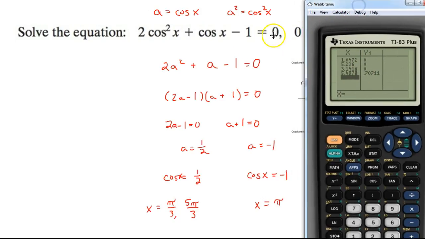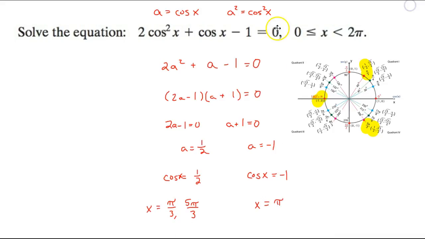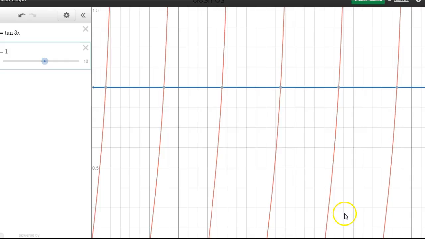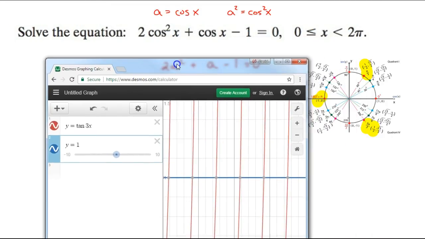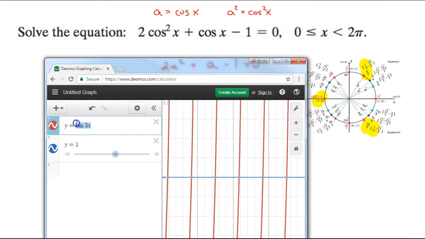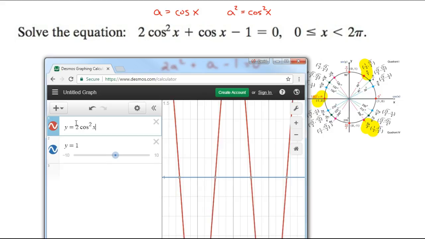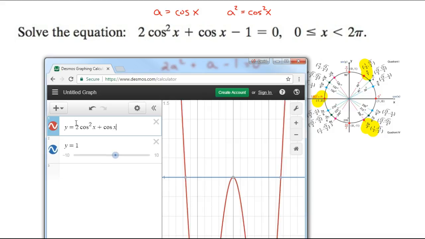Alright, now if I wanted to do this with Desmos, this is the graph we did in the last video. Now I'm going to type in 2 cosine squared. You can type it in a little bit differently here. x plus cosine x, alright, minus 1.